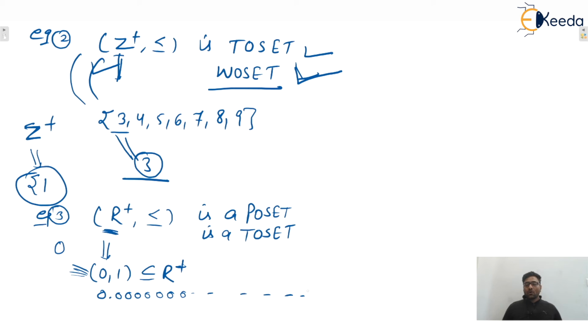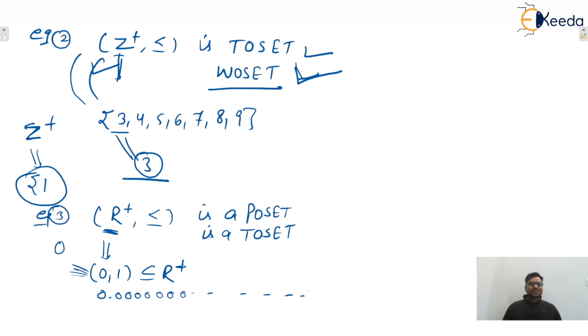We don't know the least real number in this particular subset of the given set. Infinite real numbers lie between 0 and 1, but we cannot predict which one is smallest because 0.0000, I don't know how many times.